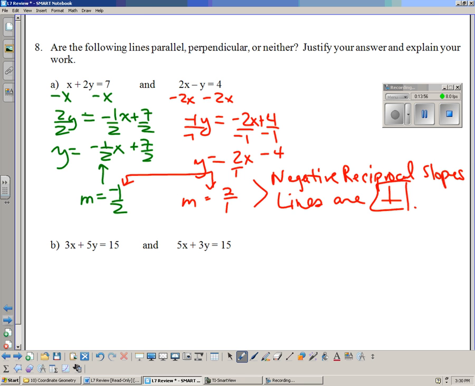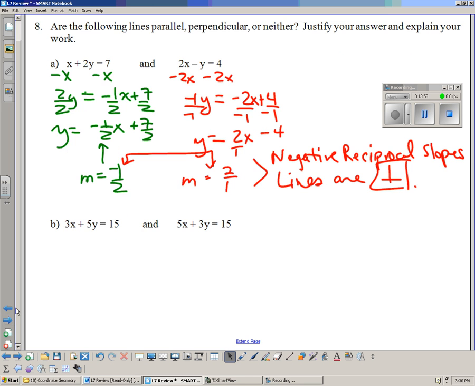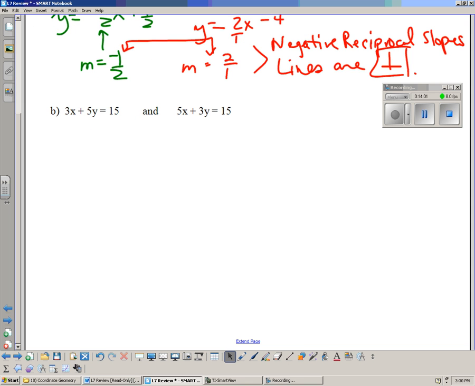Okay? All right, let's try B. B, we have 3x plus 5y is 15, and 5x plus 3y is 15. Subtract 3x. We're still solving for y. 5y is -3x plus 15, divided by 5 on everything.